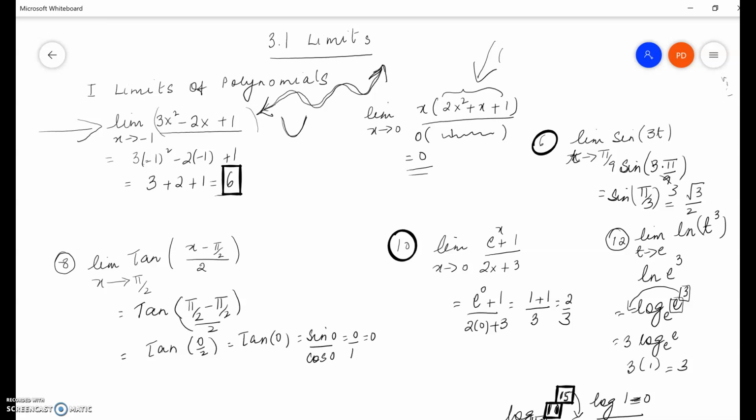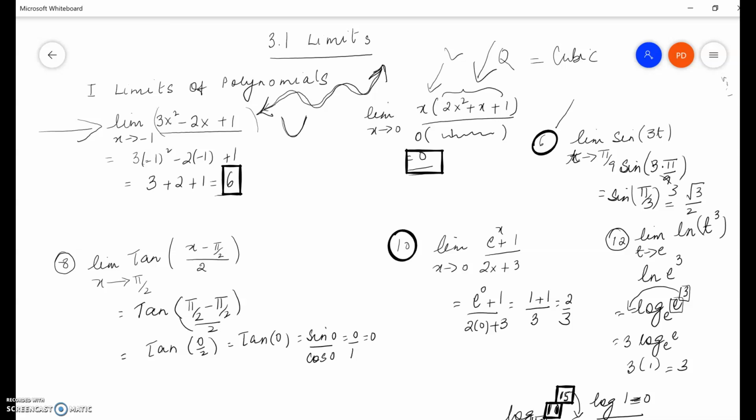We have a quadratic polynomial times a linear polynomial, which is equal to a cubic polynomial, because 2x squared times x is x cubed. So it's 2x cubed. So we have a cubic polynomial, but if it's a polynomial, we know it's continuous. All we have to do is plug in the limit and we get our answer. And that is equal to 0.